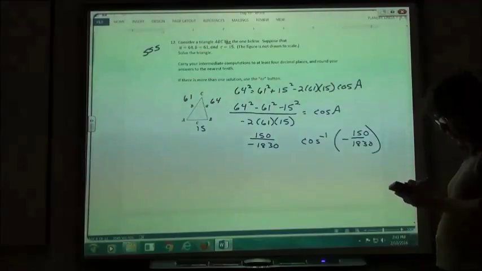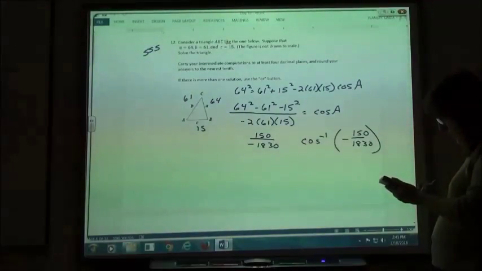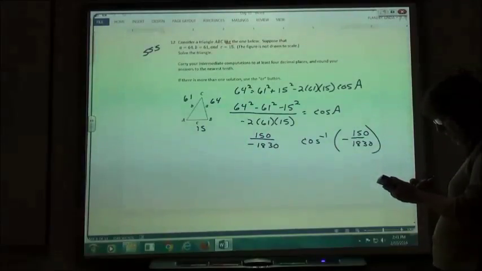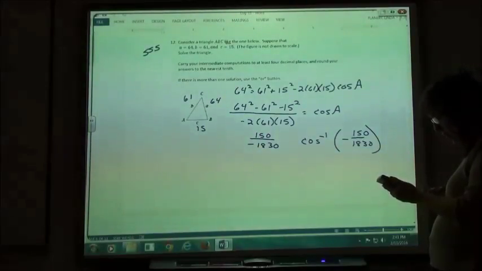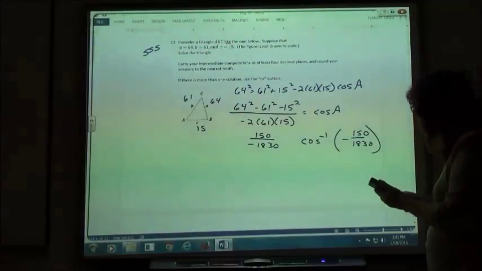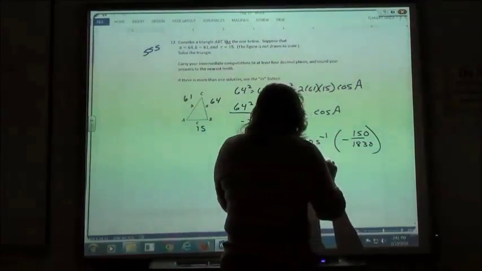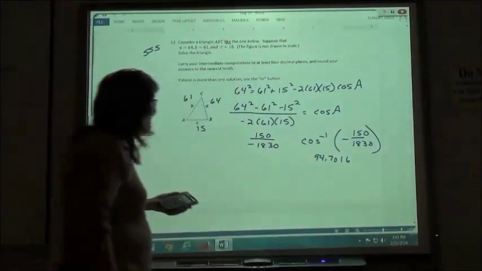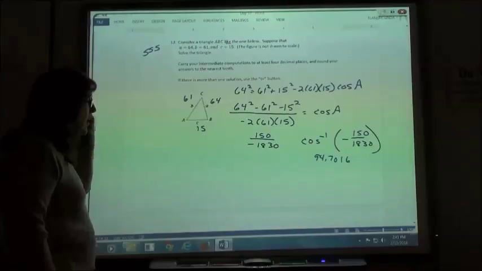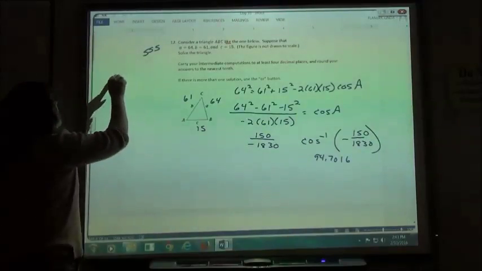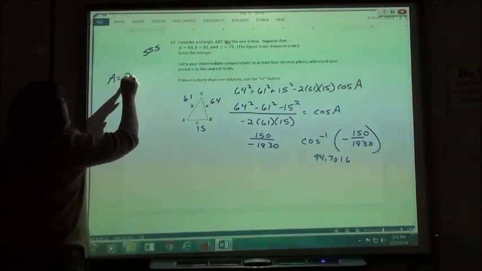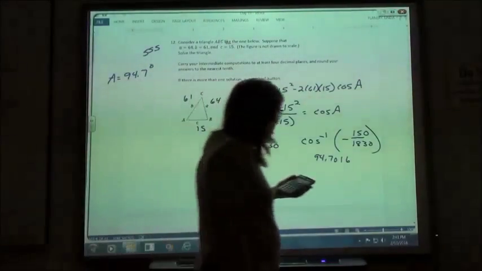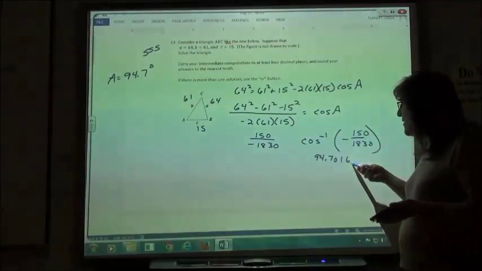So inverse cosine parentheses negative 150 divided by 1830. Close my parentheses, hit equals, I get 94.7016. So this is angle A. Angle A is going to be 94.7 degrees then.